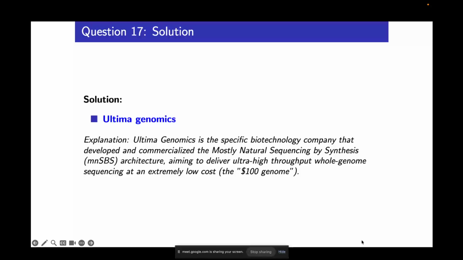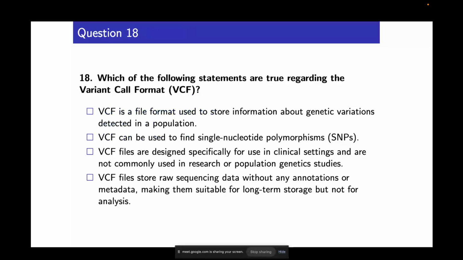Yeah, it's Ultima Genomics. I think somebody answered it correctly. They use MNSBS.